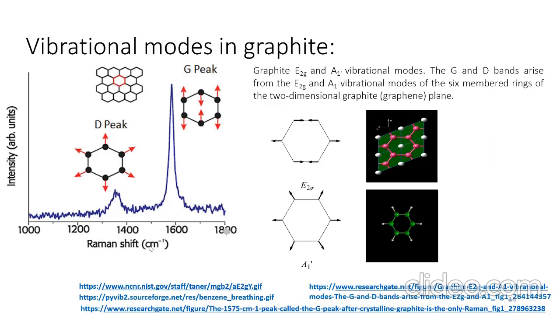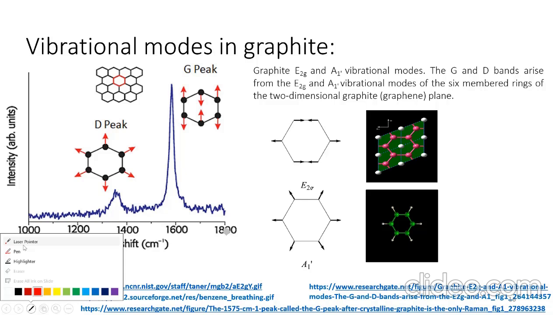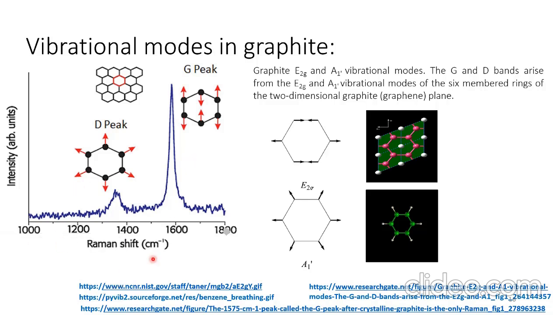So this is a typical spectrum for the carbon material. Generally we get two peaks, the G peak and the D peak. The G peak is the graphitic peak and D is for the diamond. It is sometimes considered a defect, because generally we want to check the graphitic property of the material.